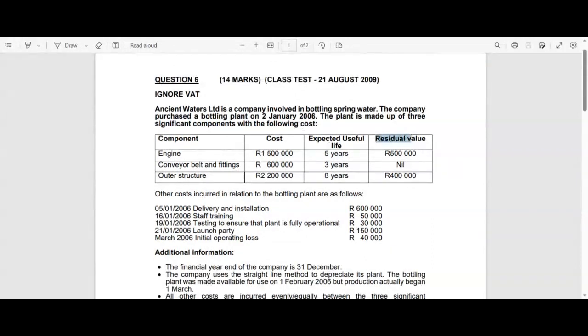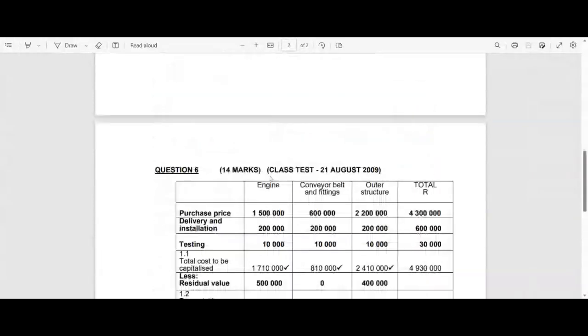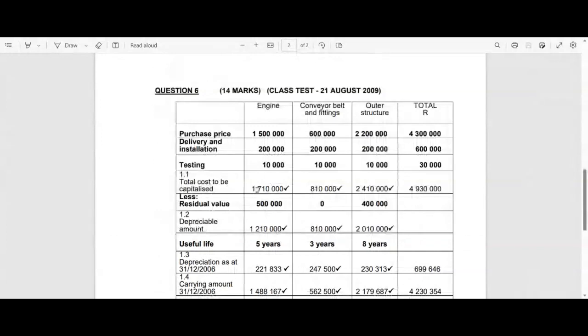The residual value. So what we are saying here is, for instance, in the case of the engine, I know there was some additional cost. Maybe I should go down to the solution here. What we are saying there is that the total cost of the engine is 1,710,000 rands, but at the end of its useful life, this is what the residual value means for us.